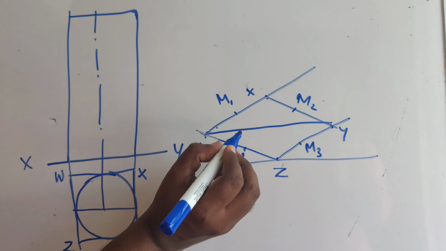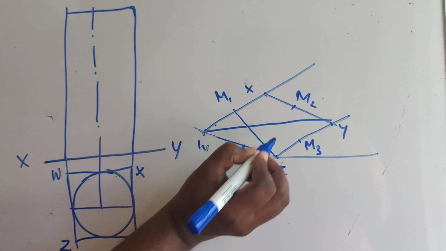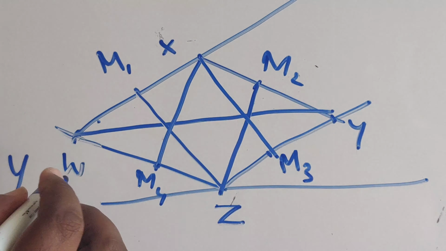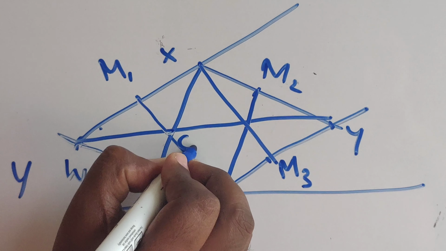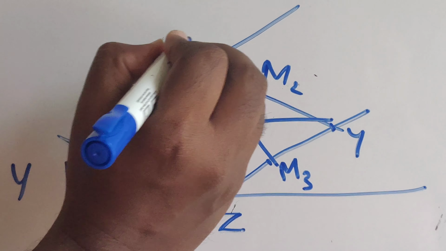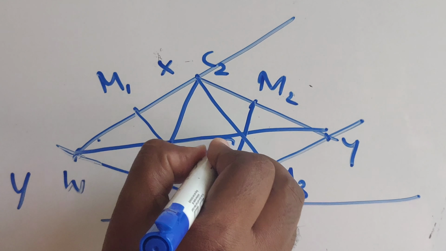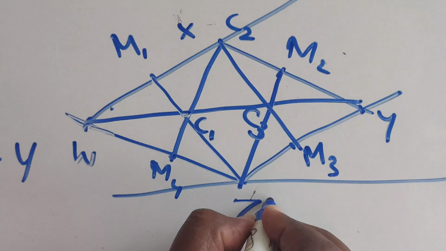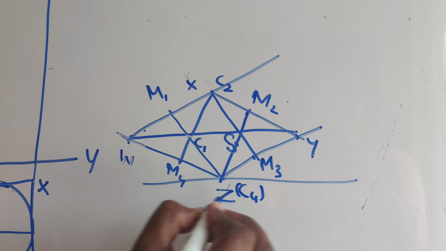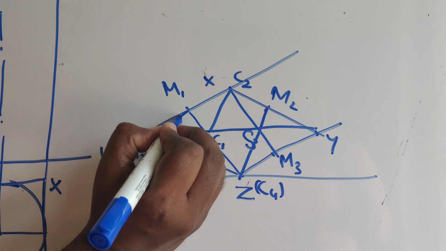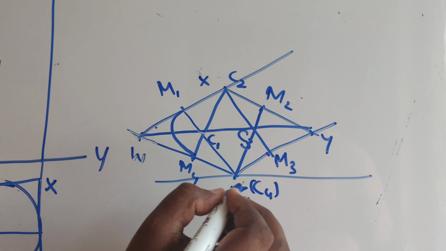For getting the 4 centers, you are joining ZM1, ZM2, XM4, XM3. So you are getting this as C1. X itself you are marking as C2. Then C3 you are getting here. Then C4 along Z. Based on this, you can take C1 as center, C1 M1 as radius, you are drawing an arc.